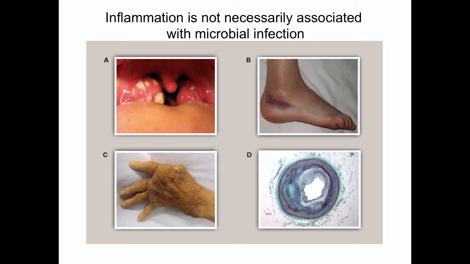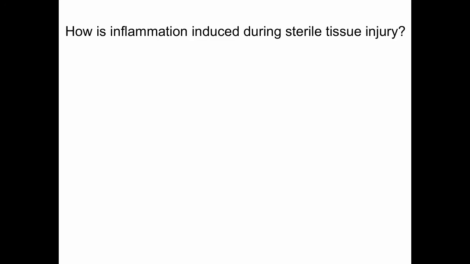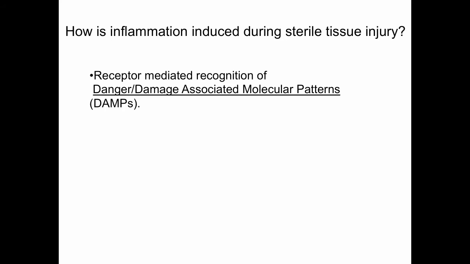Yet in all these cases, we still have activation of these innate immune cells and characteristics of an innate inflammatory response. So how does this work in the absence of microbial infection? The way this works is that, just like with microbial infection, there are pattern recognition receptors that recognize molecules associated with tissue damage.